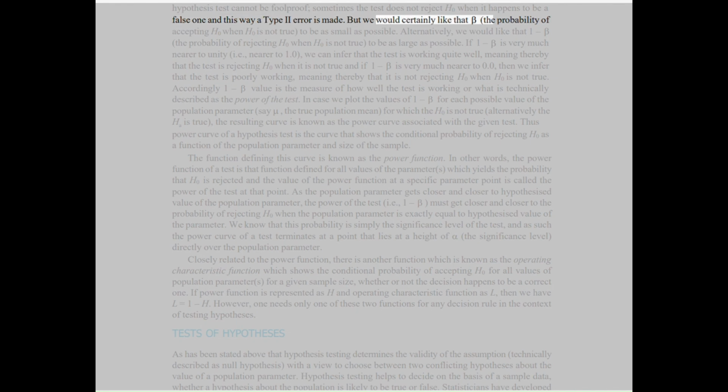But we would certainly like that the probability of accepting H0 when H0 is not true to be as small as possible. Alternatively, we would like that 1-β, the probability of rejecting H0 when H0 is not true, to be as large as possible.